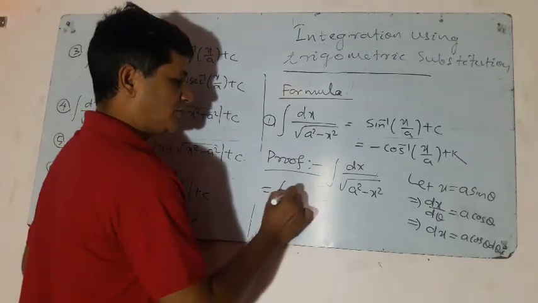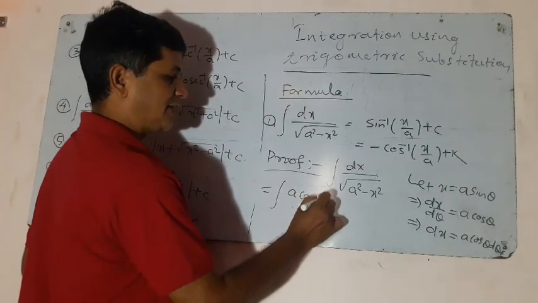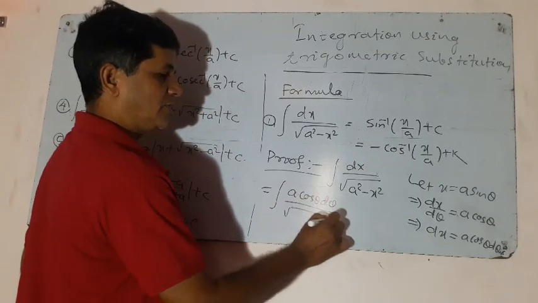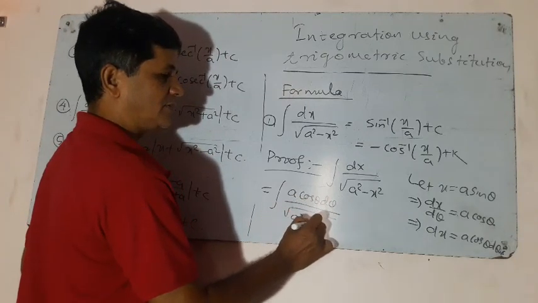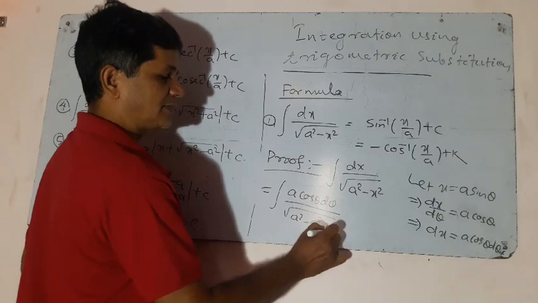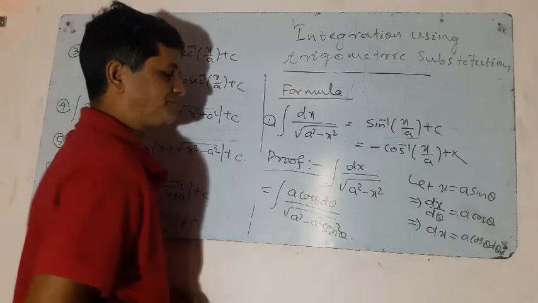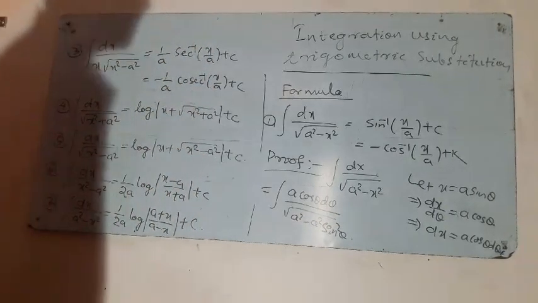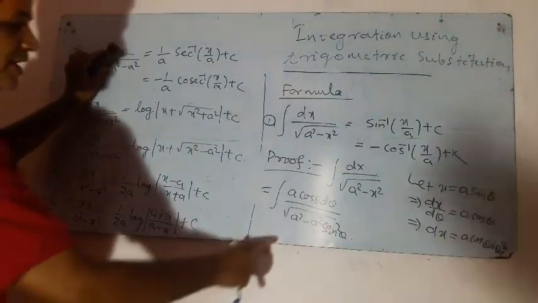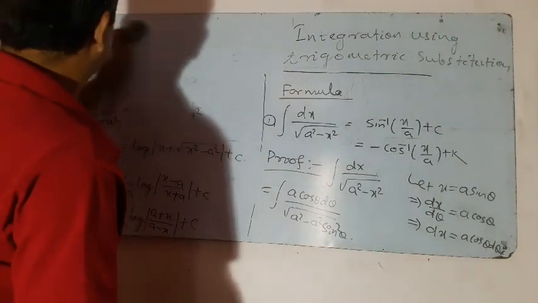Here put a cos theta into d theta divided by root over of a square minus a square sin square theta. In the denominator you take common a square within the root over.